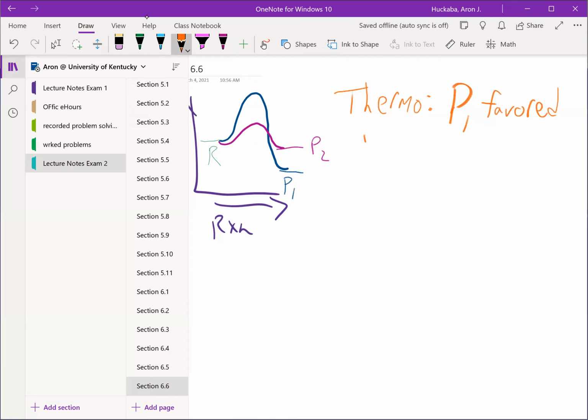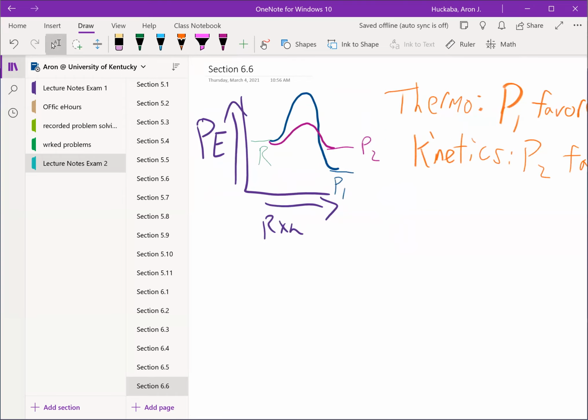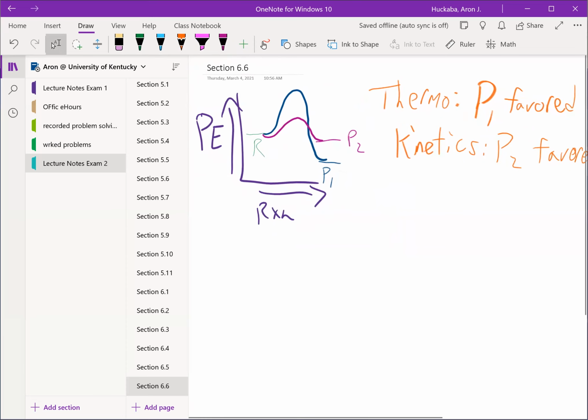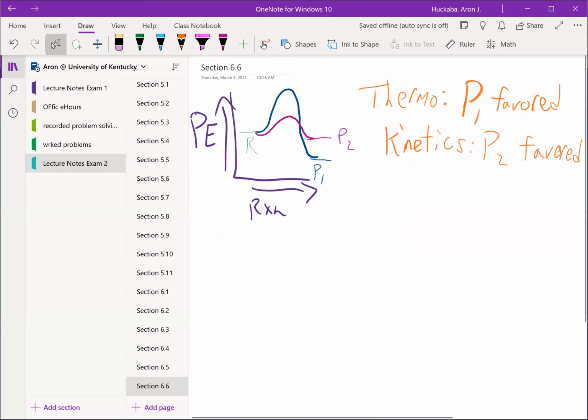But kinetics tells us that P2 is favored because the activation energy is lower. So what do we do here? How do we know what product will come out of this reaction?